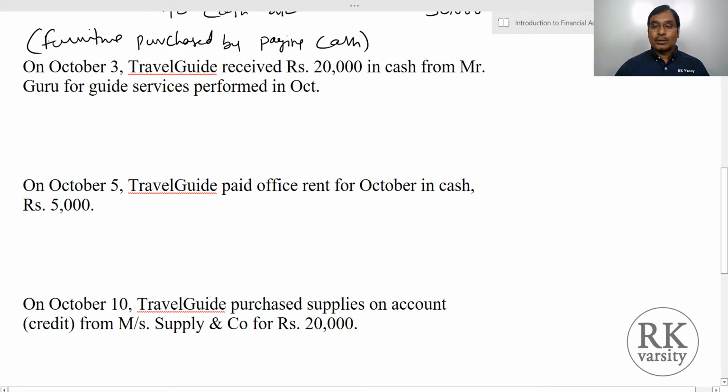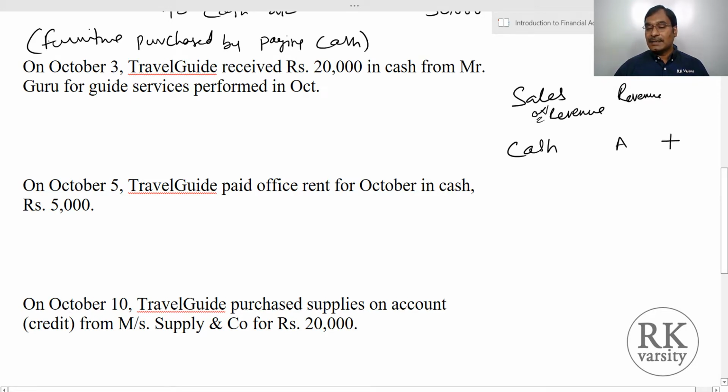So here one is that you are providing services, that we can say is sales, or we can say your revenue. This is one. And the second one is you received cash. So sales is your revenue account and cash is your asset. Now what happened?